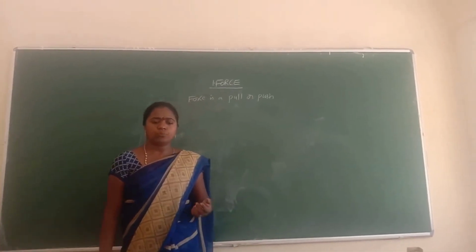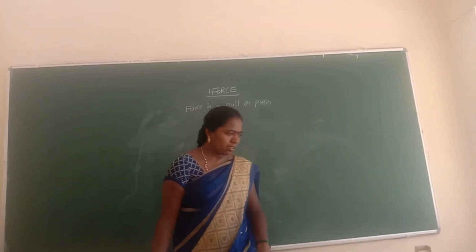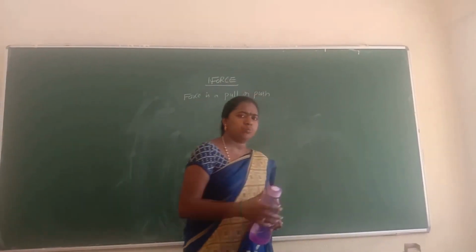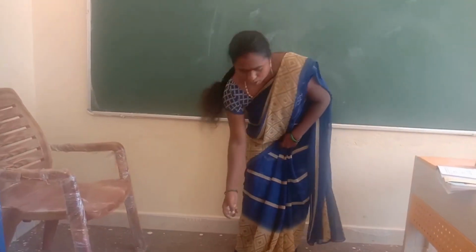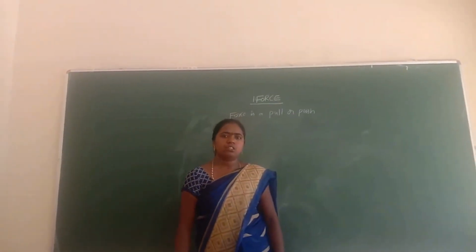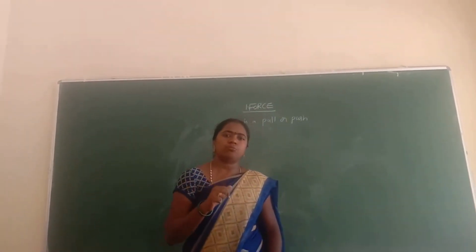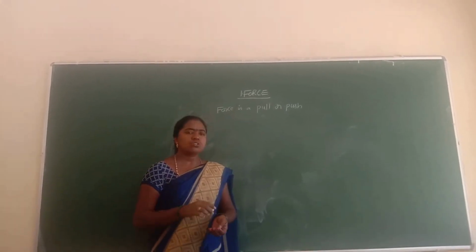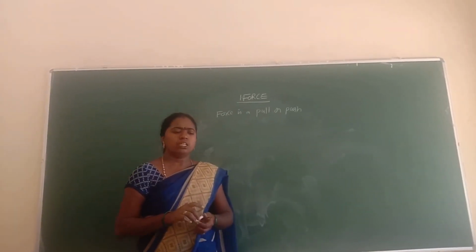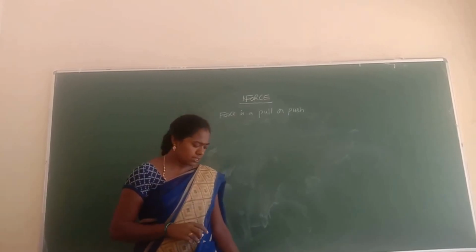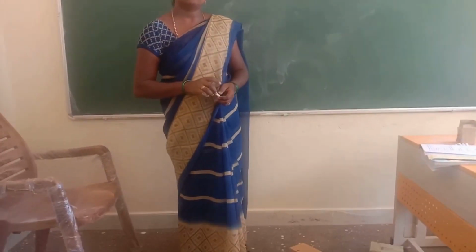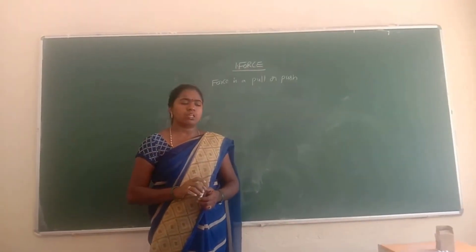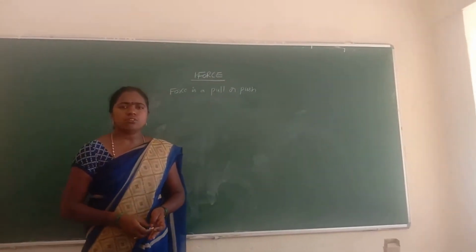And if a ball or this bottle rolls on the surface, after some time the ball or bottle stops. Why? In these two situations, which force is acting on these bodies?